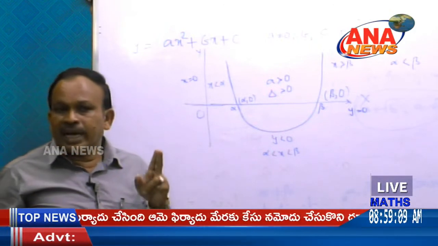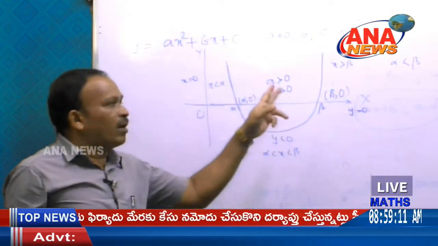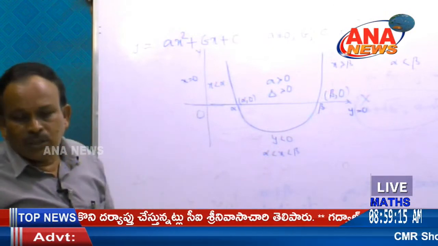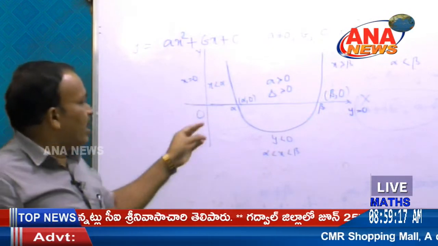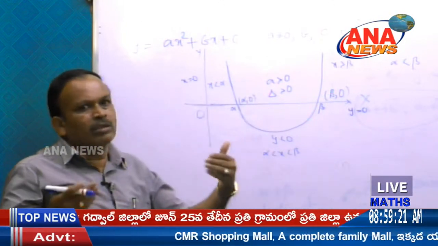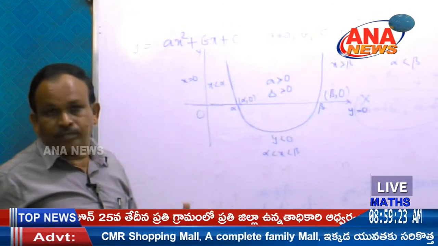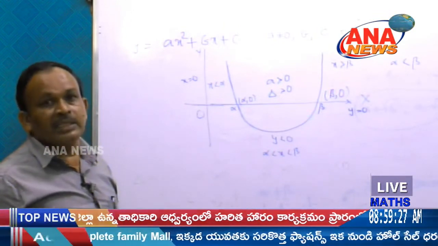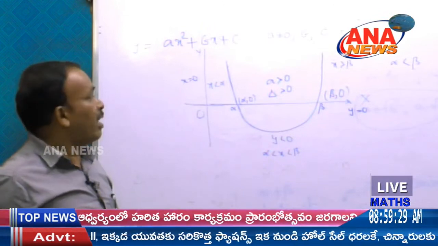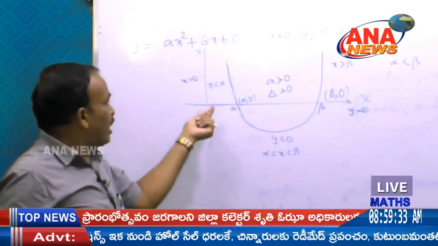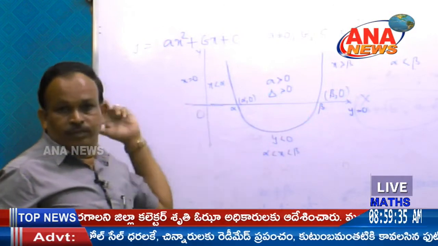Those 2 points' x values are roots of the equation. At those places y value is 0. In between the roots y is negative. Outside the roots, x greater than beta, bigger root, then y is positive. X smaller than small root, then y is positive.